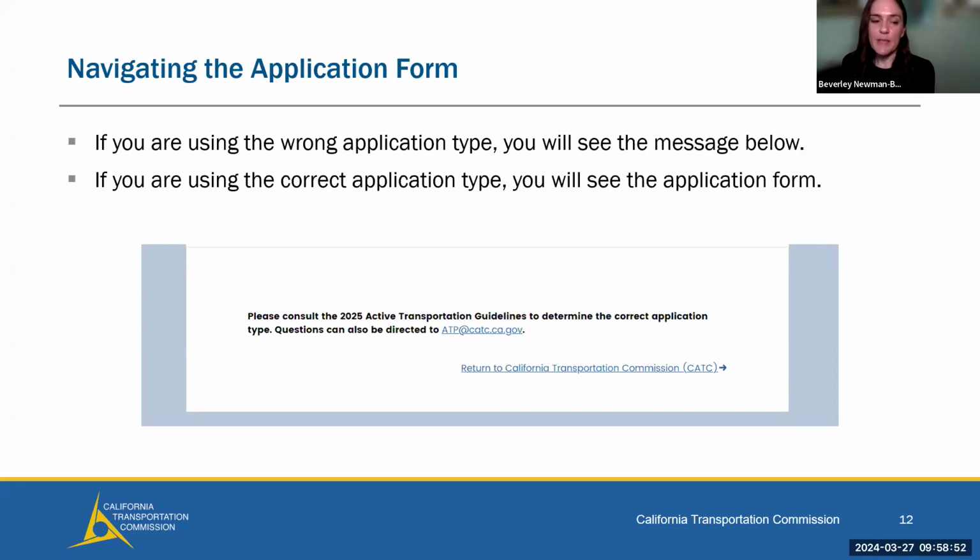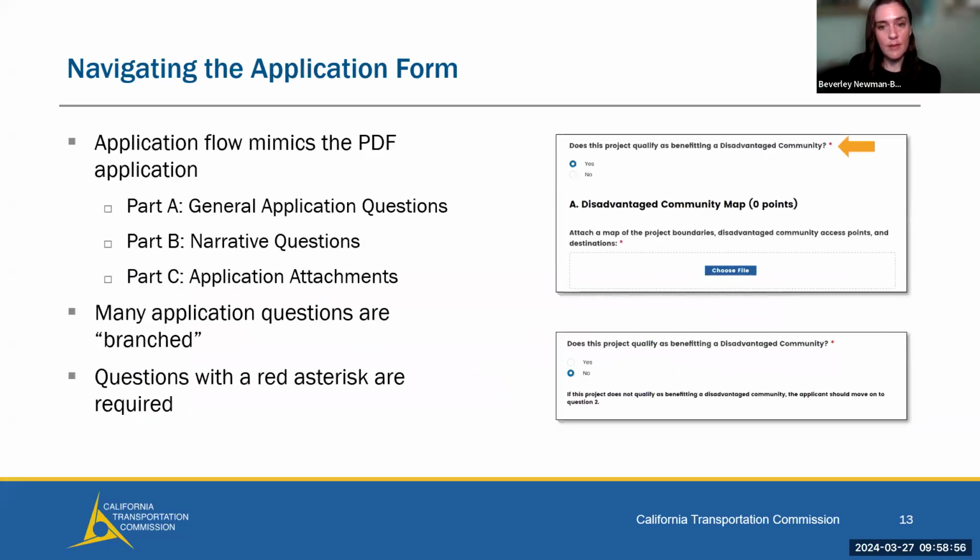Okay, next slide, please. Okay, so overall, the format of the application is really similar to the PDF application in terms of what the flow is. So first there's the general application questions. These are asking for general information about your agency and about your project, like the scope.